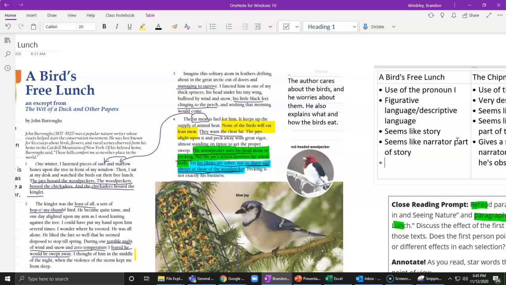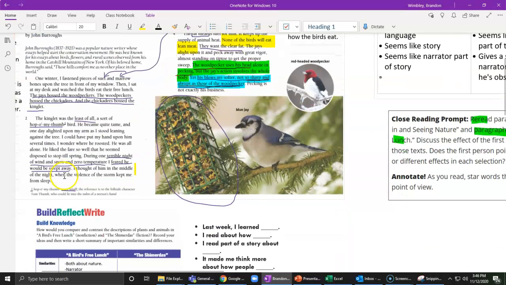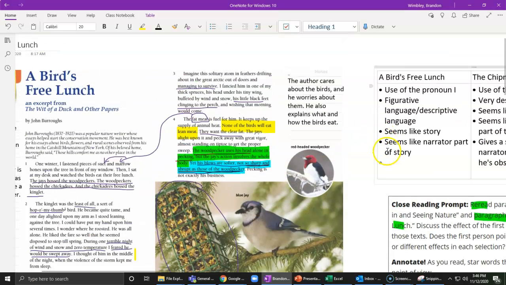It, again, gives the sense of how much the narrator cares about what he's observing. Because notice, he wants him to survive. He doesn't want him to perish. He's saying he can't get to sleep because he's thinking about this violent storm and this bird.